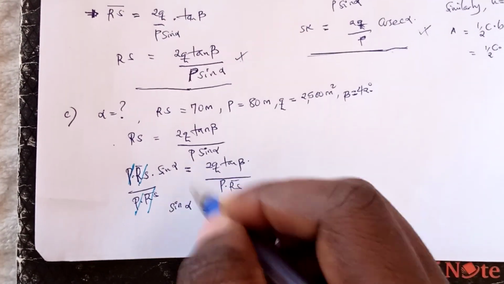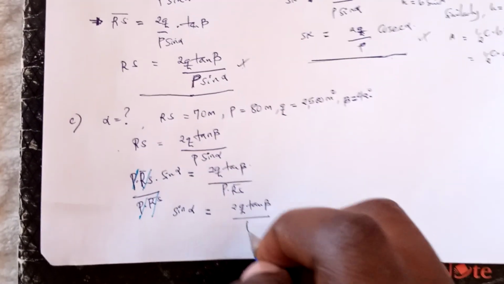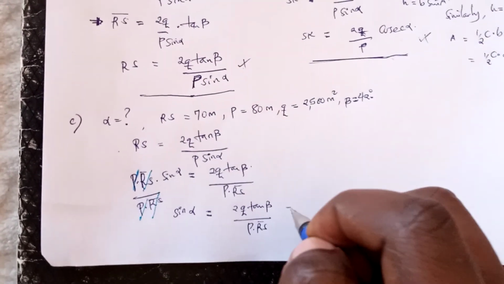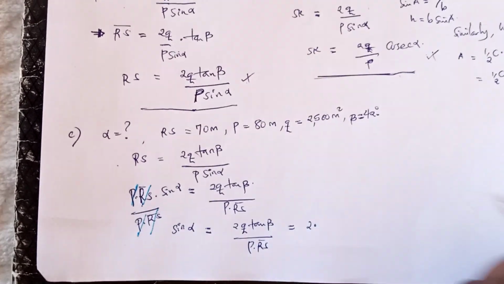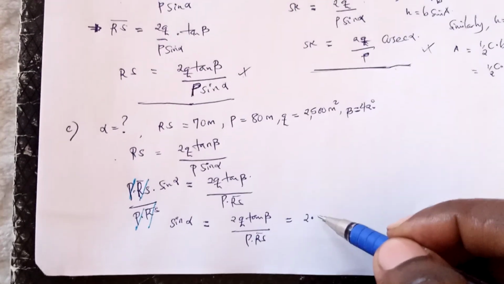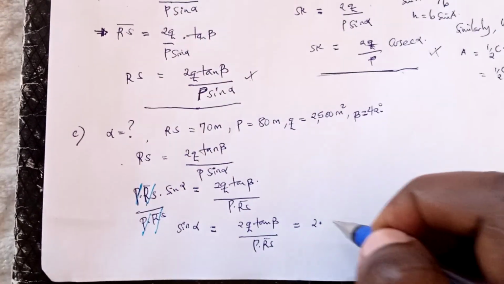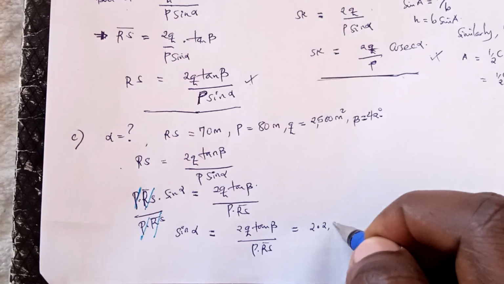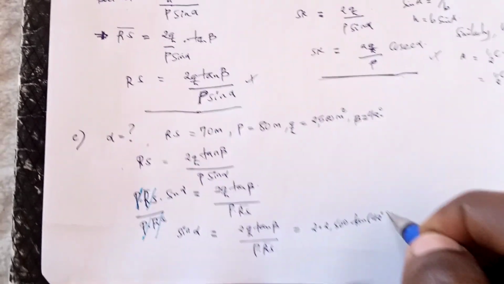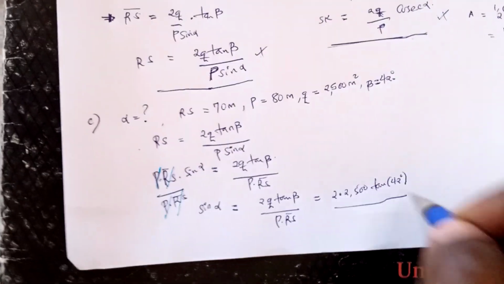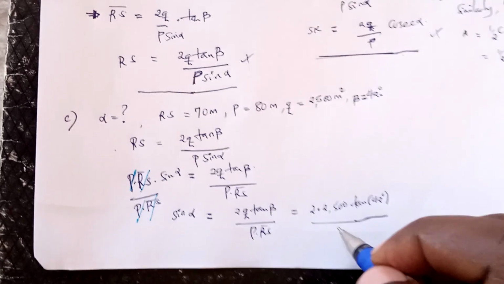Sine alpha is equal to this expression, over P times RS, and of which, when we substitute, we see that 2 times Q, everything is in the right units, 2500, tan beta is 42 degrees, out of P is 80 meters.